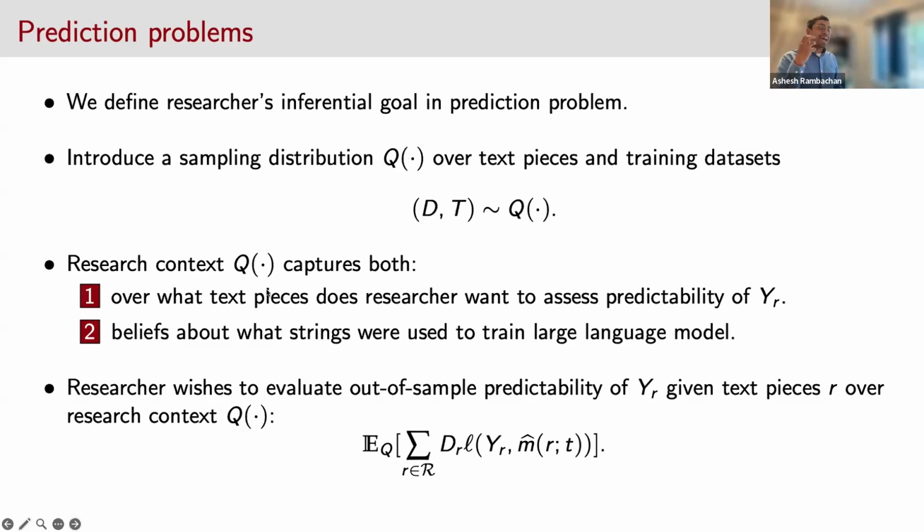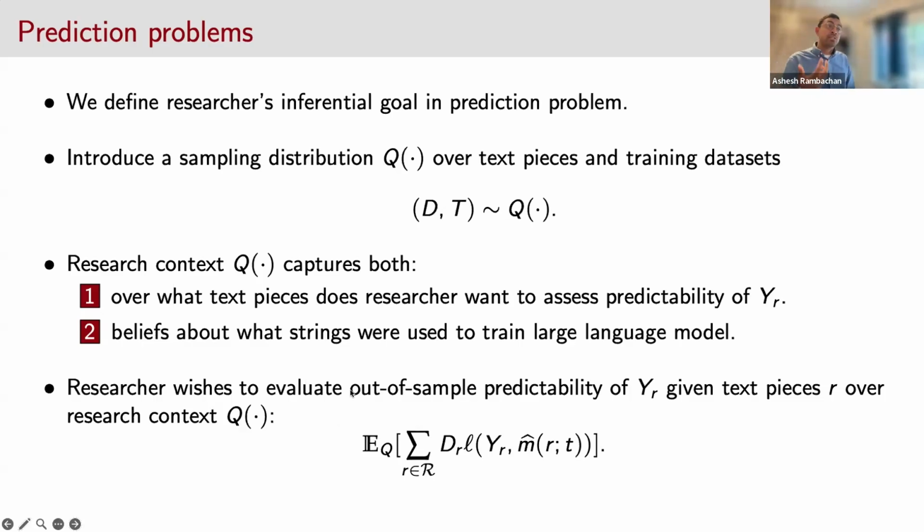One is what are the text pieces over which we would like to assess the predictability of Y from R? What's the population we want to generalize on? And then the second is our beliefs about what exactly was used to train this large language model. Those data sets are often hidden to us, so we need to introduce some way to model our own uncertainty about what information went into these models.